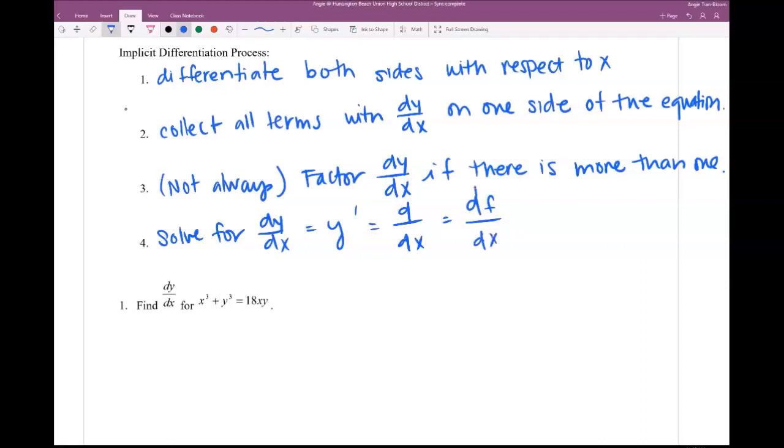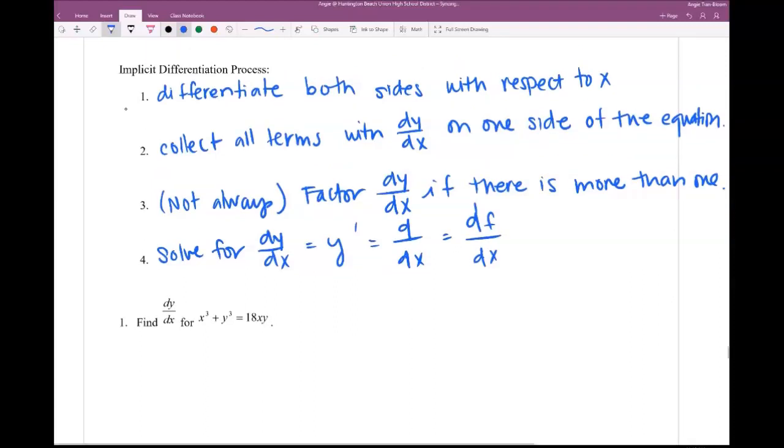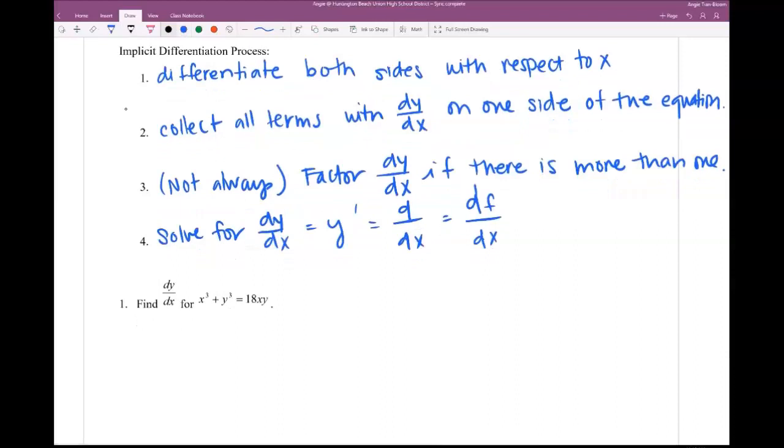Because in the final solution, we are trying to take the derivative of y with respect to x, but the word implicit means that it's going to give you an equation where you don't know whether it is a y equals or an x equals, okay?